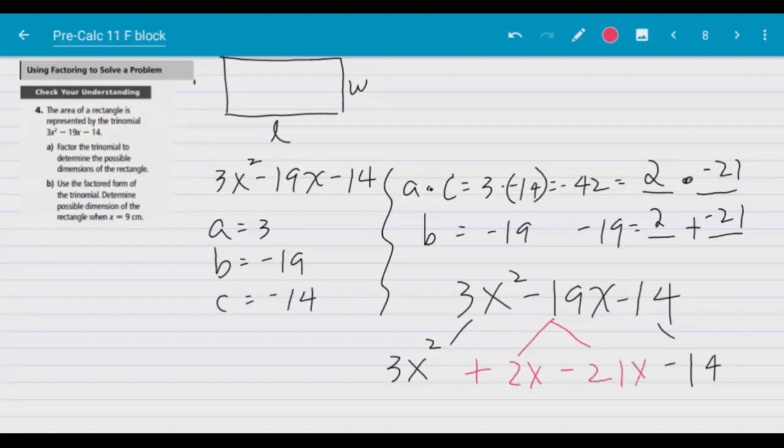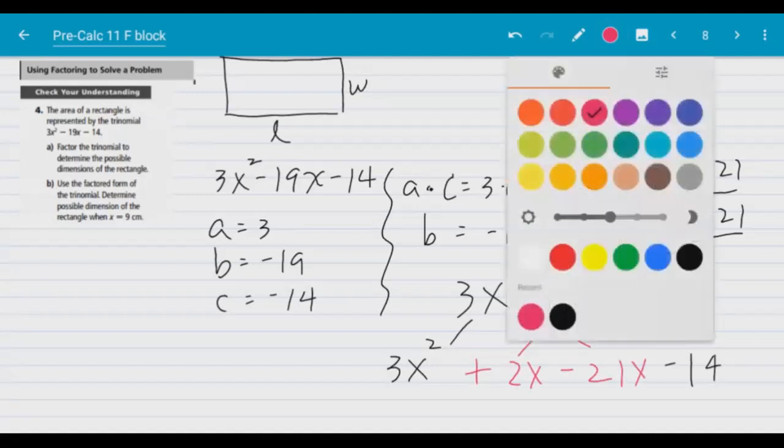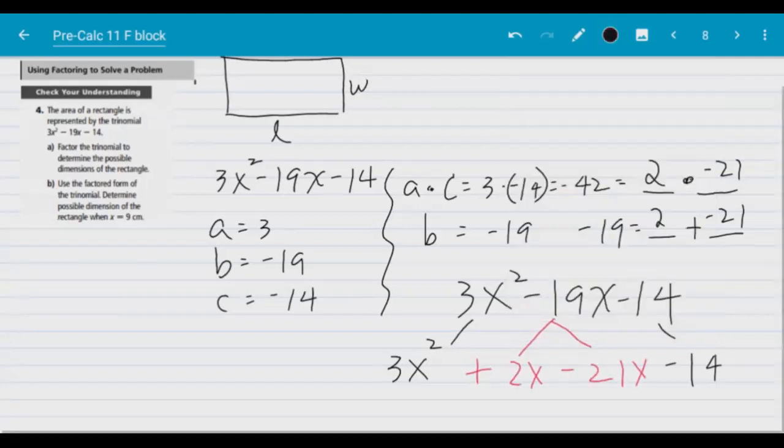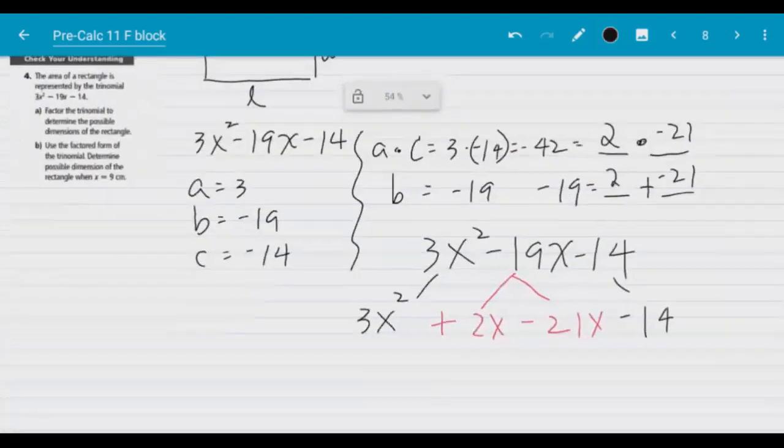Now, once again, I am telling you that if you're thinking, what if I put negative 21x before the 2x? Is it going to be the same? The answer is yes. I would rather that you try it out yourself so that you can actually practice and see that, oh, there's another way to do it if you switch over the two numbers.